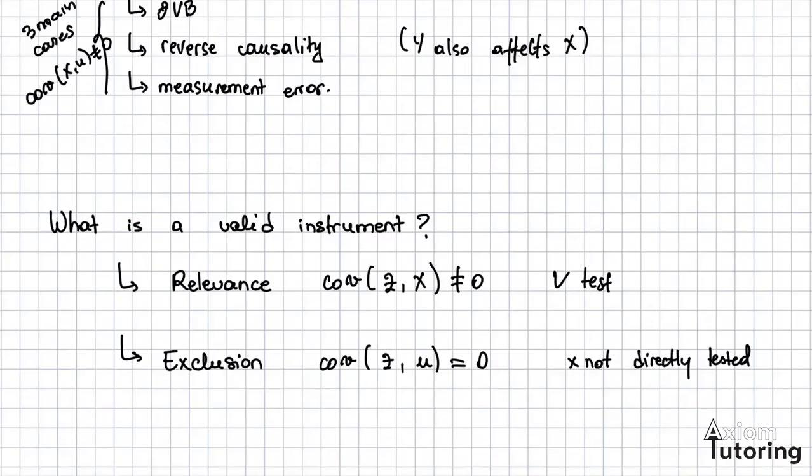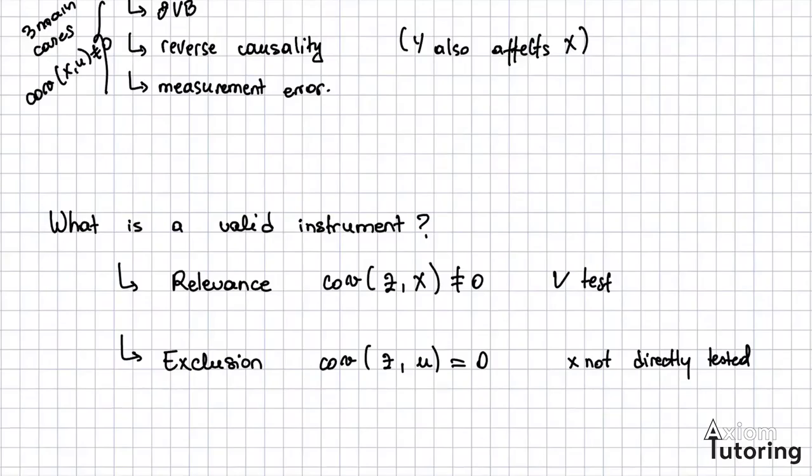There is a separate video on how to defend the exclusion restriction, so make sure you refer to that one if you want a more in-depth view on it. The thing that you have to remember, though, is that the strongest IV papers spend as much time defending the instrument as they do running the regression. So keep that in mind if you are doing your dissertation while using an IV methodology.